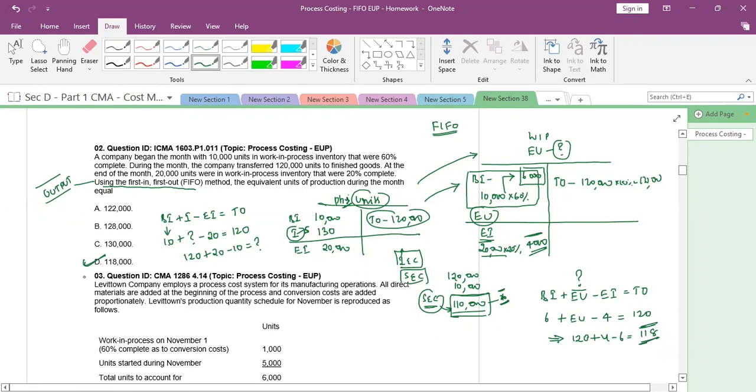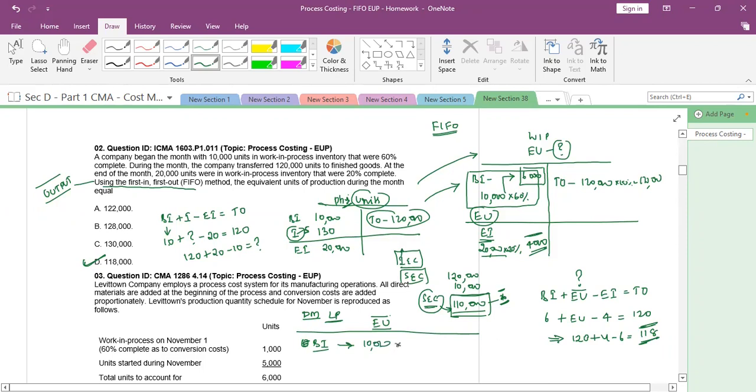Yes, sir. My question is, when we do the direct method or the long process, we will calculate the equivalent units. When we take the beginning inventory, beginning inventory is 10,000. Already work done in the past is 60%.